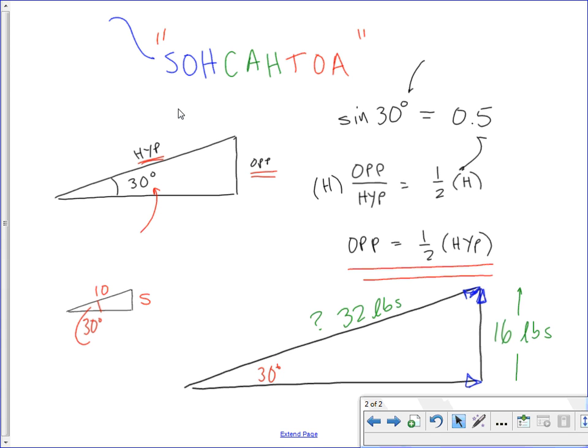Okay? There are, of course, examples you could do with cosine, and with tangent.